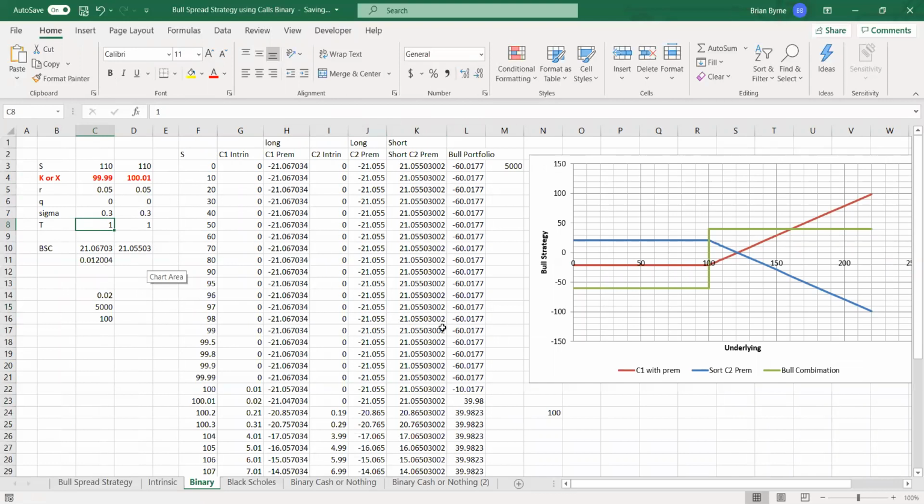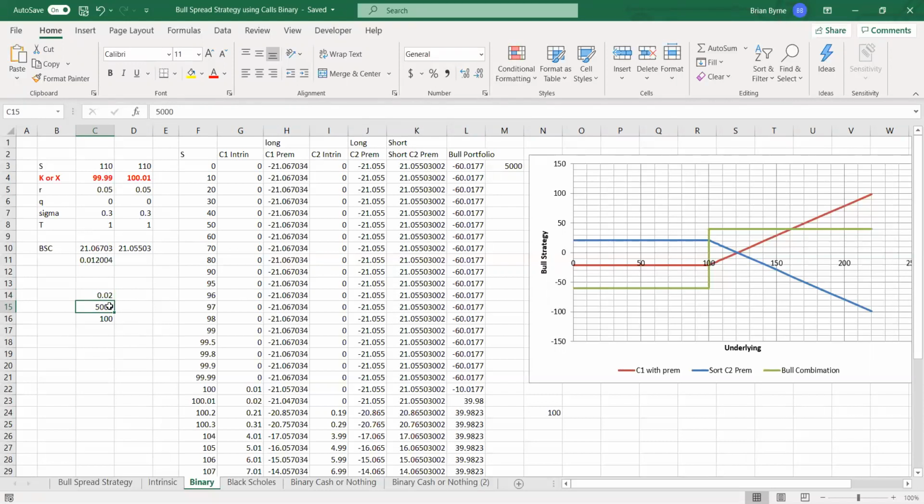Okay, now the last question that remains here, which I haven't really addressed, is, well, why 5,000? It is 5,000 simply because if we take the product, remember the cash amount, we didn't specify a cash amount here, but the cash amount has to equate to 100. So we take the difference in the two exercise prices, which is 0.02.